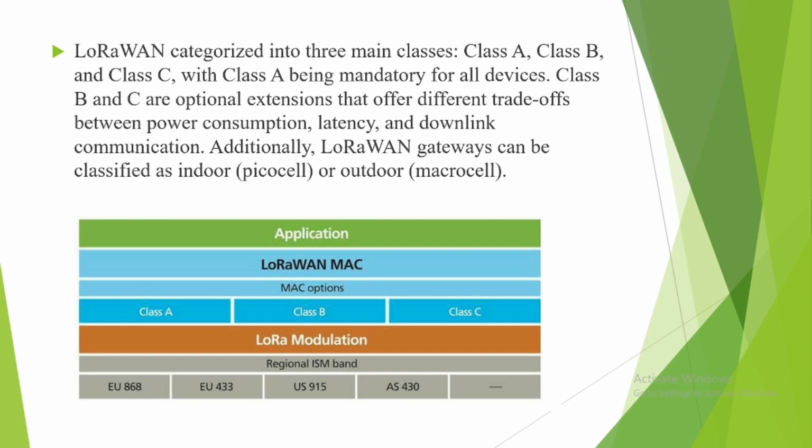And Class C. This class offers the lowest downlink latency by keeping the radio receiver always on, but at the cost of higher power consumption. It's suitable for applications that require real-time or high frequency downlink communication.